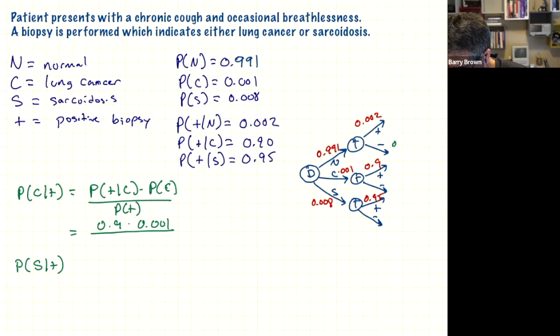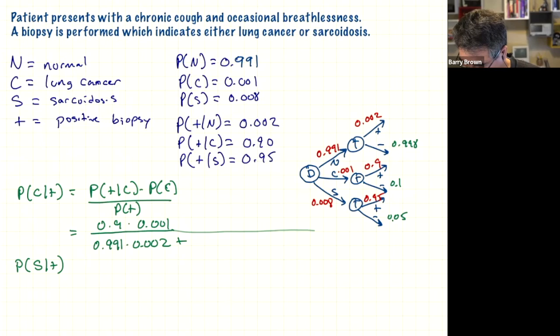This one here is 0.998. This one is 0.1. And this one is 0.05. So the probability of a positive test, this branch, or this branch: 0.991 times 0.002, that's this branch right here, plus 0.001 times 0.9, plus 0.008 times 0.95.